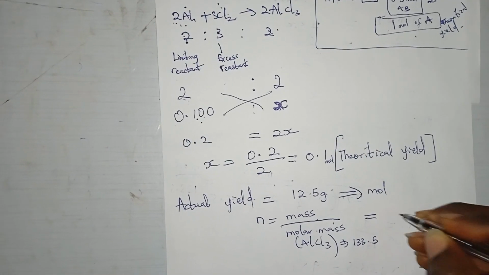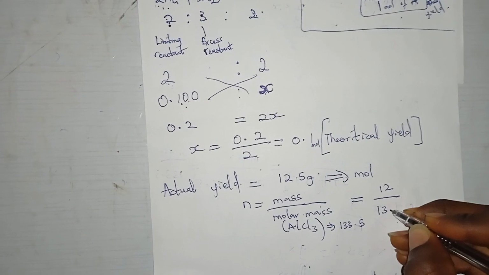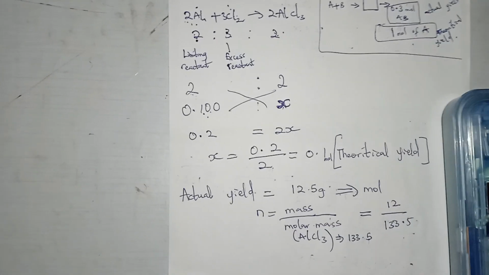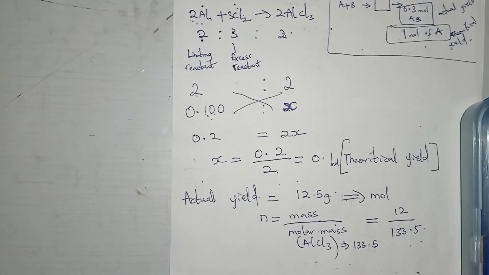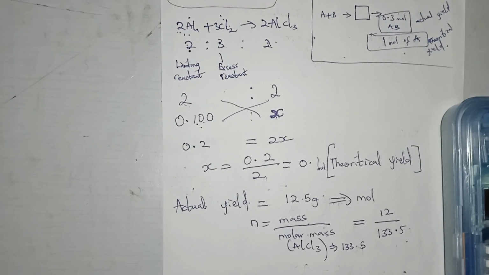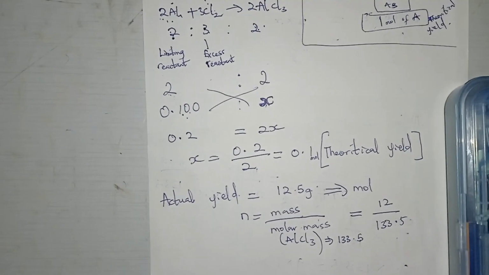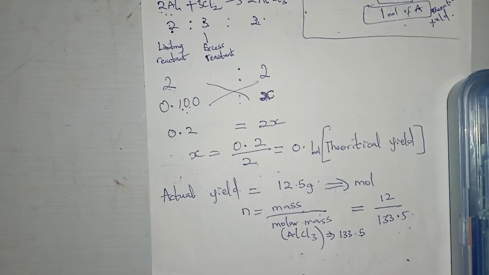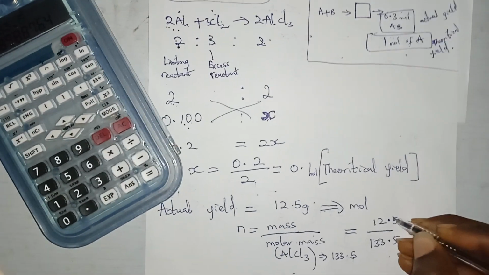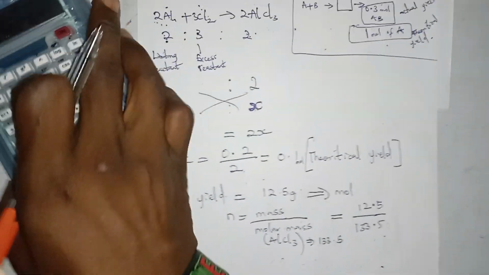So this is the same thing as saying 12.5 over 133.5. So if I do 12.5 divided by 133.5, I will get, I just hope I'm correct. Okay, it's supposed to be 12.5, sorry.